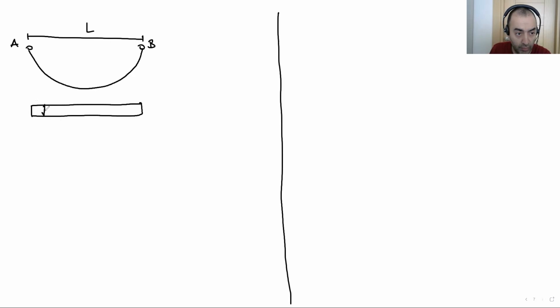Okay, that means we have a distributed load on the cable. Yes, this is the question. Sketch it in terms of the given values.